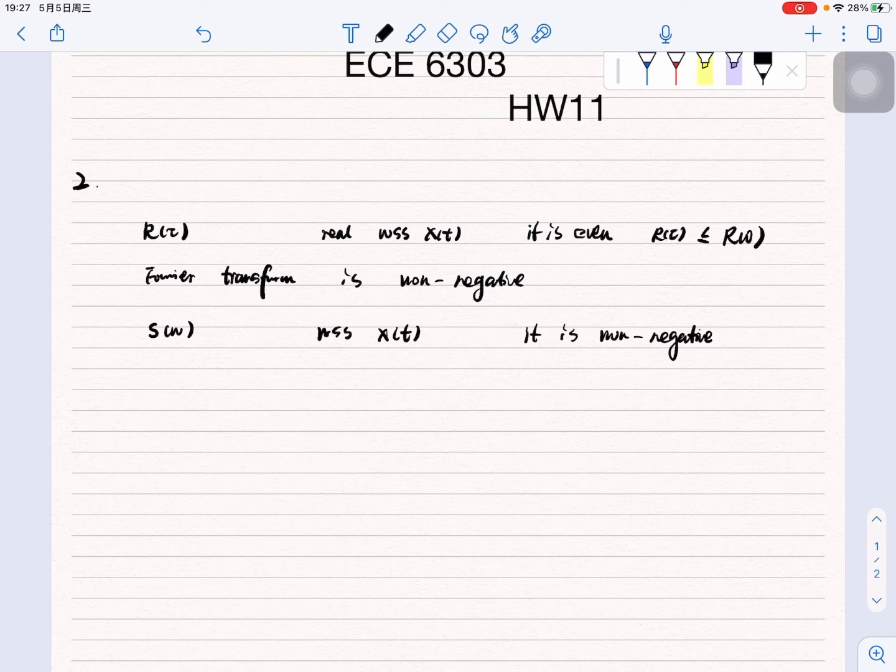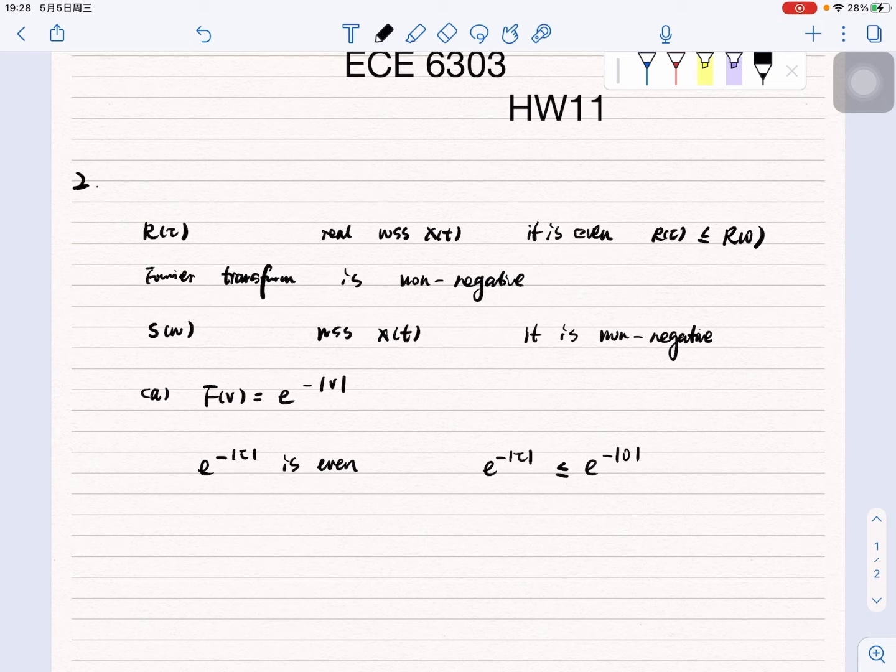First one, question A. We have f(v) equals e to the minus absolute value of v. We can find that e to the minus absolute tau is even, and it is less than or equal to e to the minus 0.